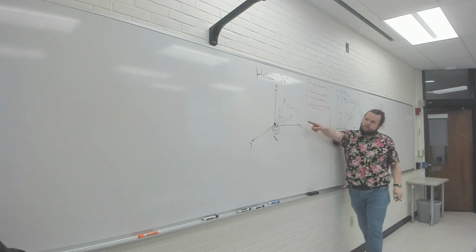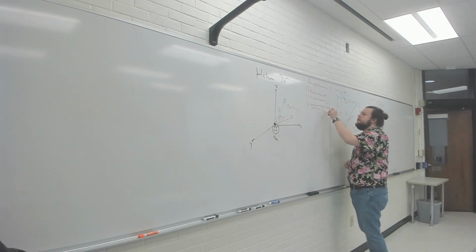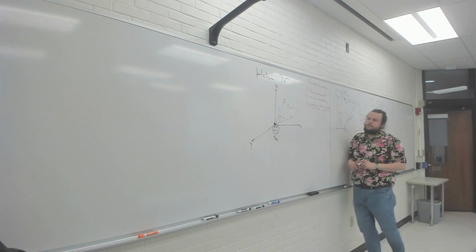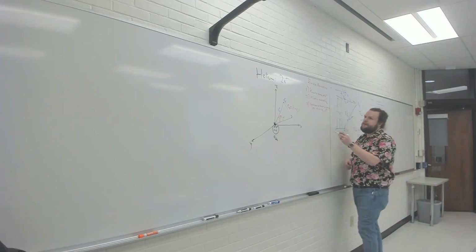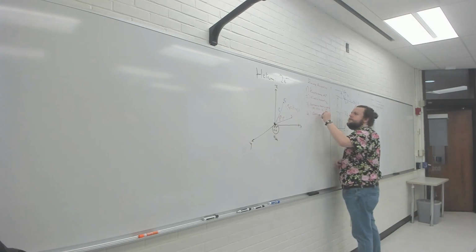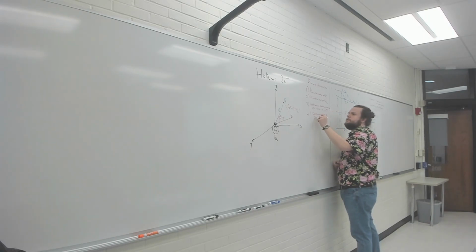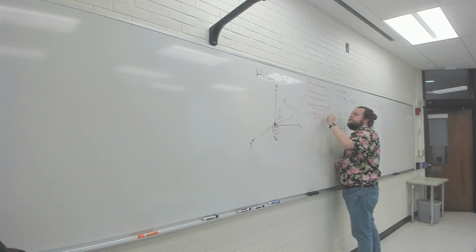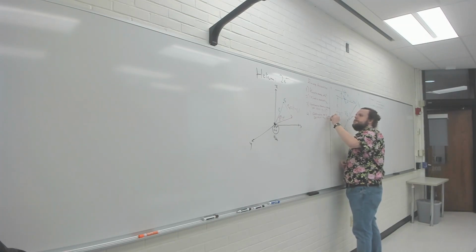That's the attraction along R1. Of course, they're attracted to each other, just like in the hydrogen atom. We need that for the other electron: nucleus to electron 2, that's R2.